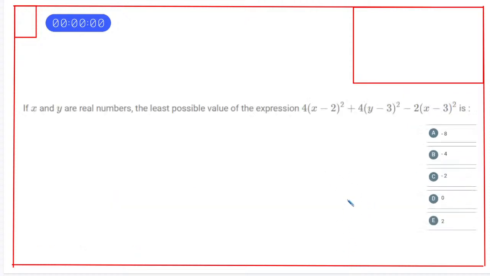Okay, do this question. So latecomers, do this question.